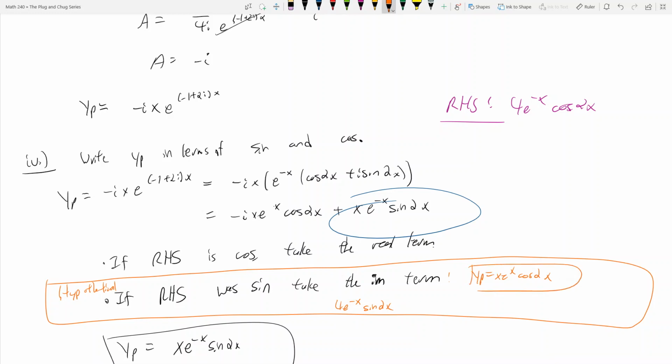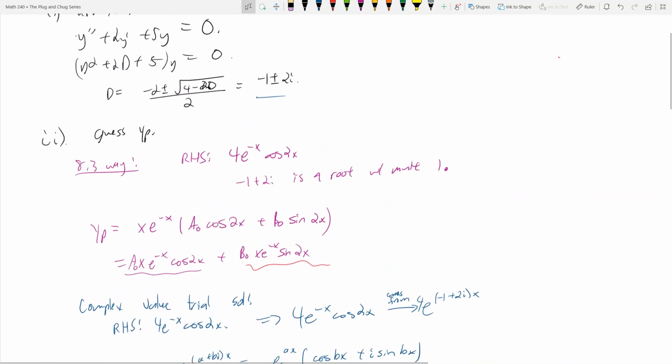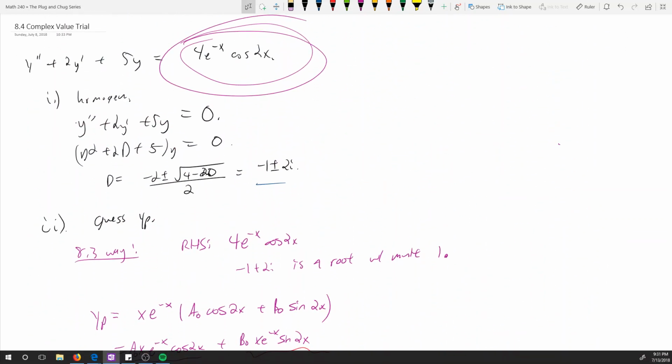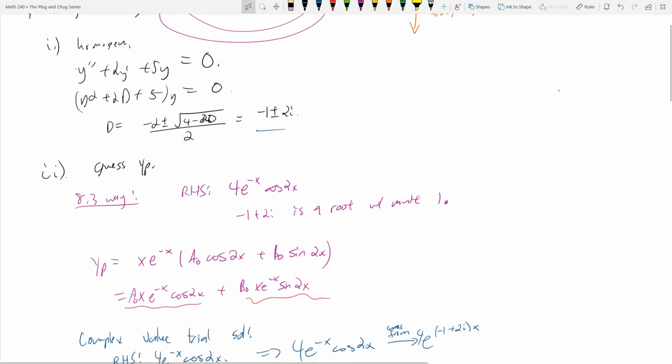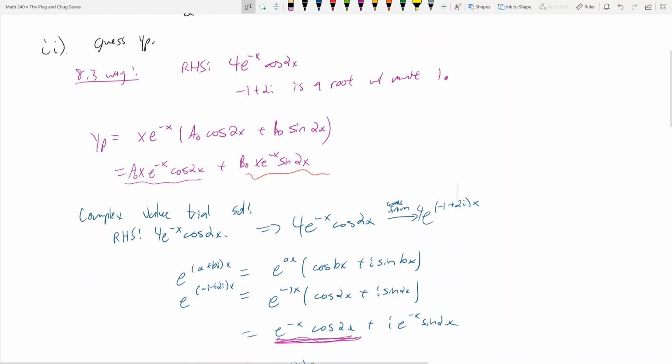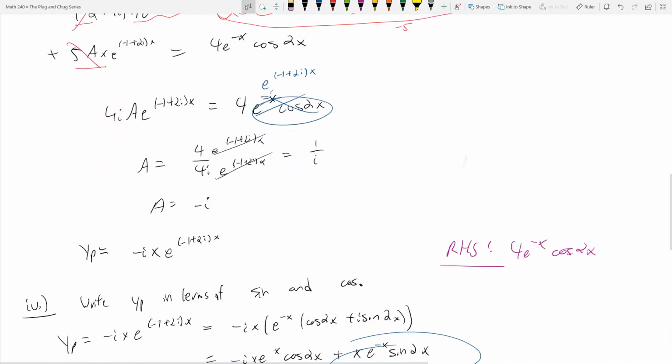So again, what am I saying here? What I'm saying is that in this equation up here, if the right-hand side, instead of being 4e to the negative x cosine 2x, was 4e to the negative x sine 2x, first of all, verify that everything is the same. Every step that I took would be the same.